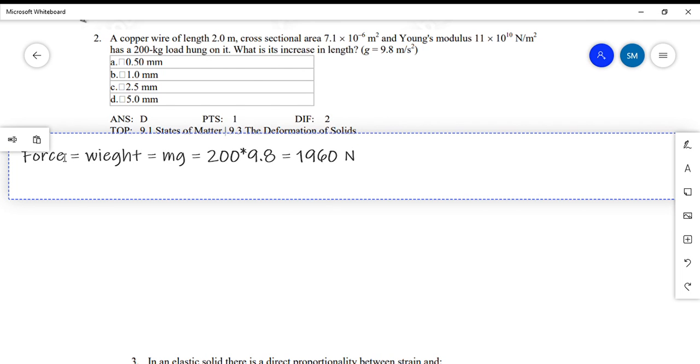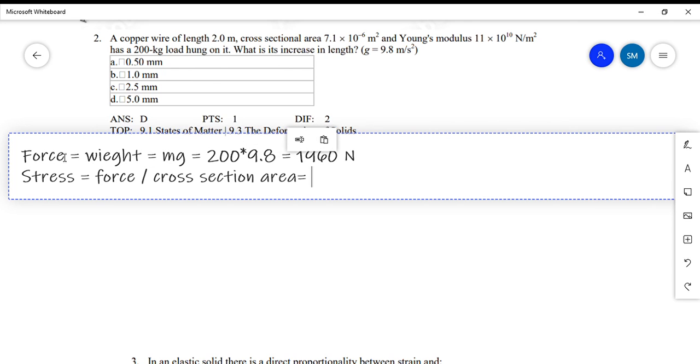Stress is equal to force over cross section area. The force we just calculated is 1960 over the cross section area.